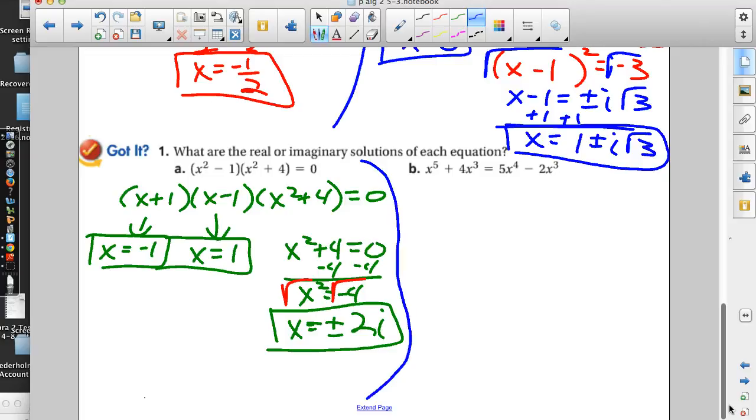B looks like a monster. What's wrong with it? Yep. So, I guess I'm going to take the right side and move it over because I've got a nice positive x to the 5th here to lead this over. So, subtract this little bugger and add this one.